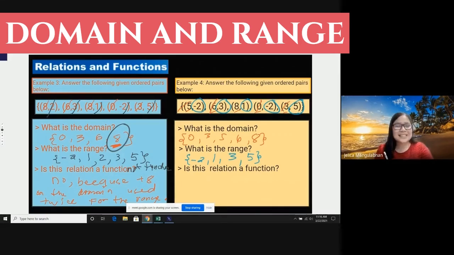It is a function. So we are going to write yes. Good job. Because there is no repeating number on the domain.